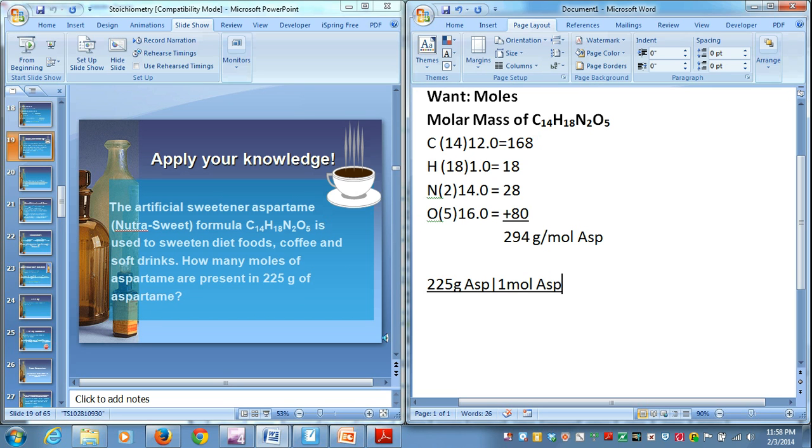So here we're going to have on top 1 mole of aspartame, and at the bottom we're going to have 294 grams of aspartame.